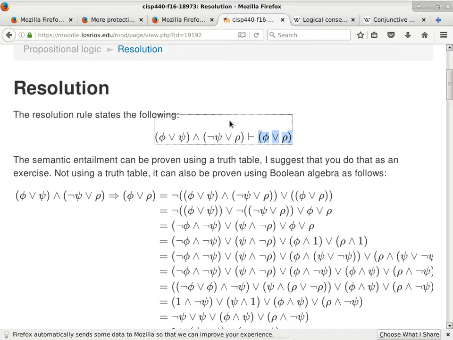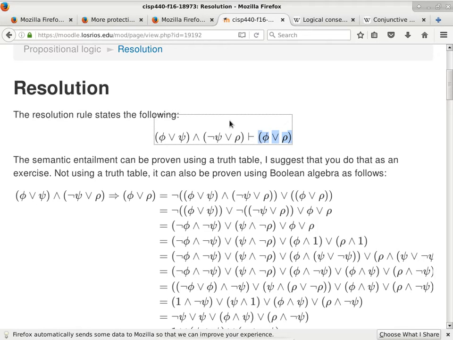The algorithm has to stop. Whereas the other way doesn't have to stop because you can keep deriving more and more complicated well-formed formulas that are useless, that make no sense, but it doesn't stop. But this way, it has to stop, okay? Because with every single step, you are reducing the complexity of the expressions.